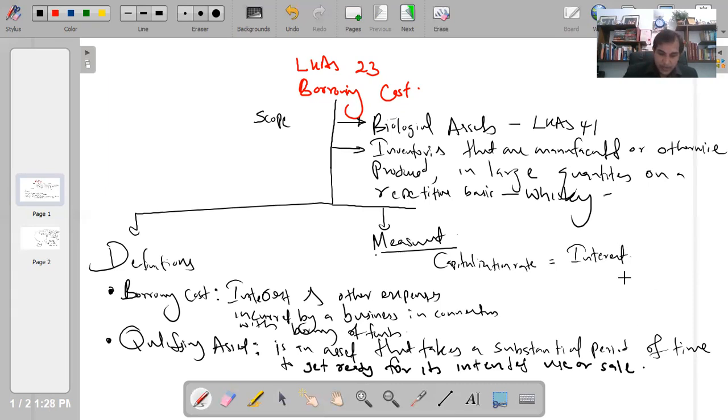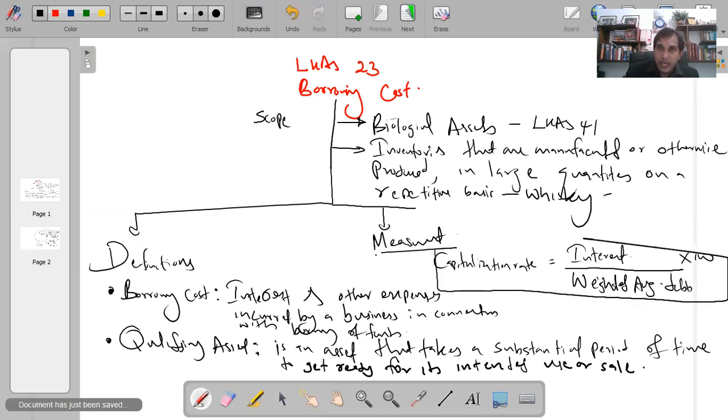So interest divided by weighted average debts, into 100. So this is the capitalization rate. So you would be getting some common rate, even though there are many rates in different borrowings. Ultimately, we are going to calculate one rate, that is called the capitalization rate.